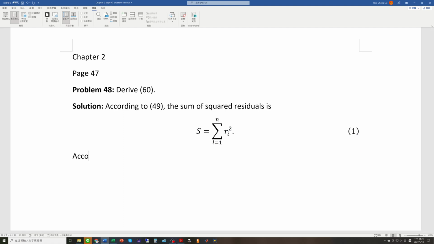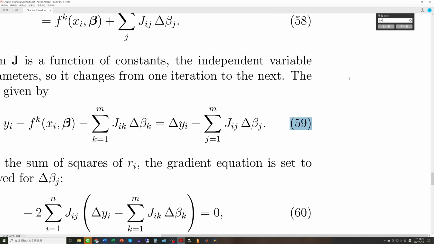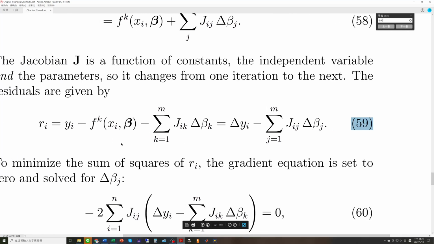Then according to equation 59. Let us see equation 59. Equation 59 is this equation. We have talked about this in the last class.